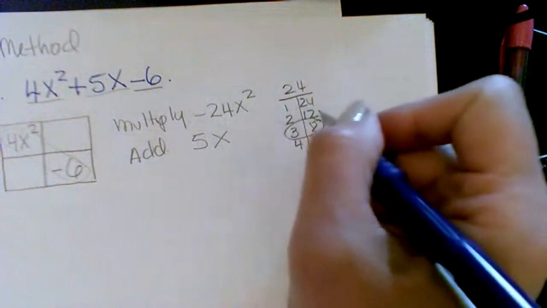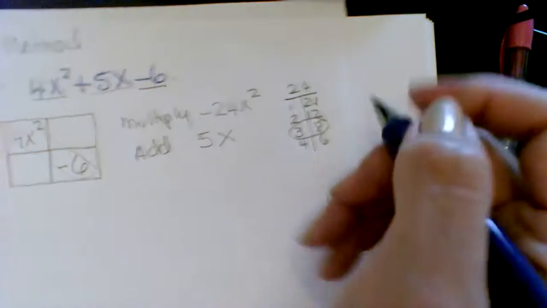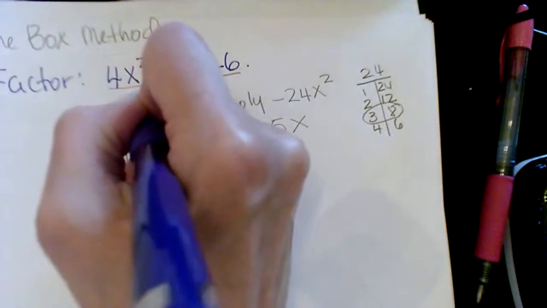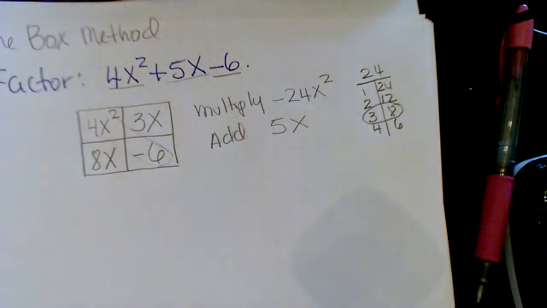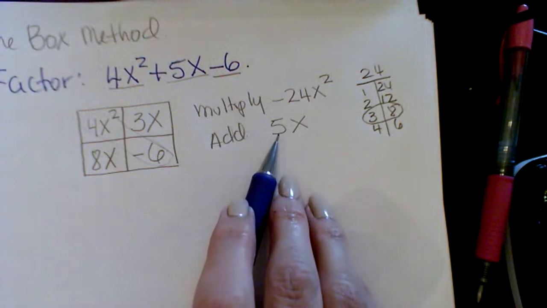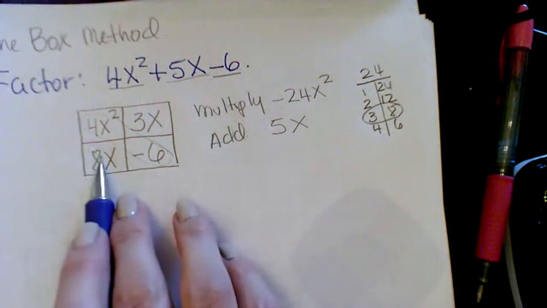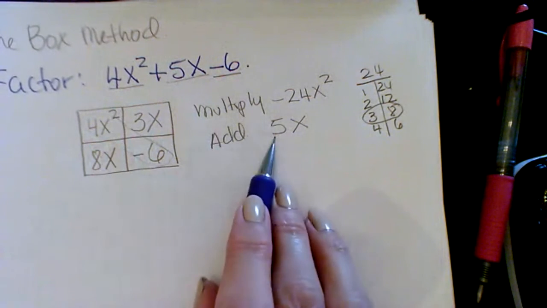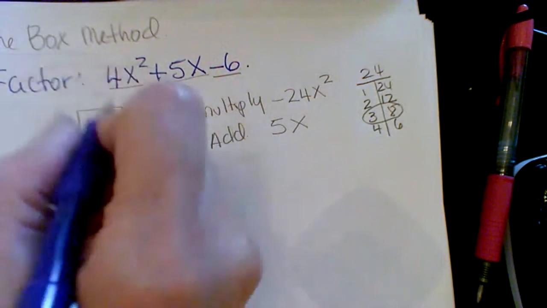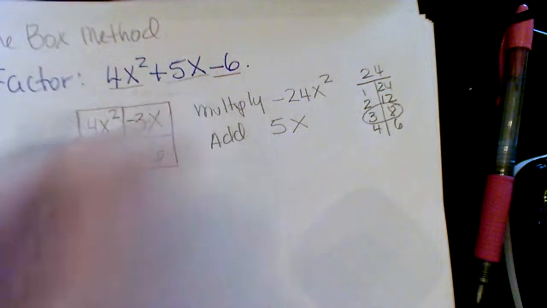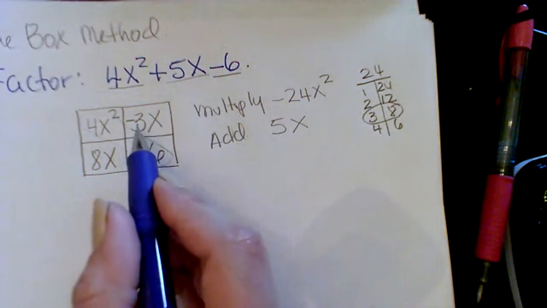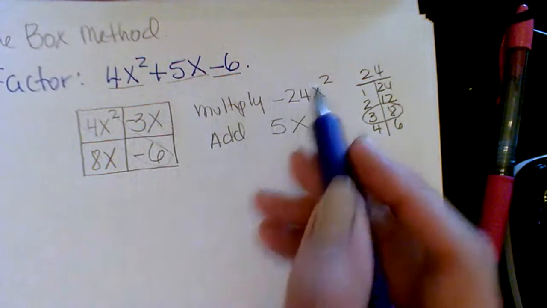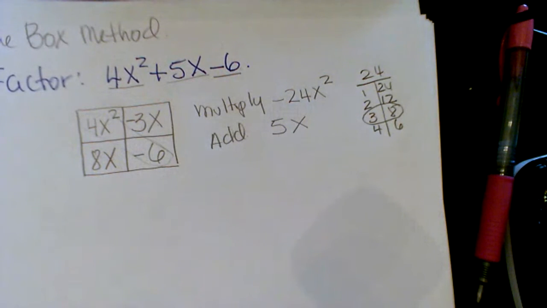These two, 3 and 8, because 8x minus 3x is 5x. But it needs to be positive. When I subtract two numbers, I need to get a positive 5x. So the 3 is going to have to be negative. When I multiply 8x times negative 3x, I get the negative 24.